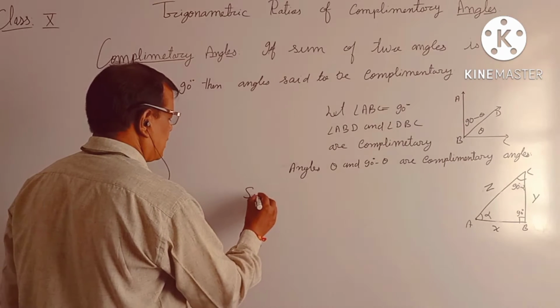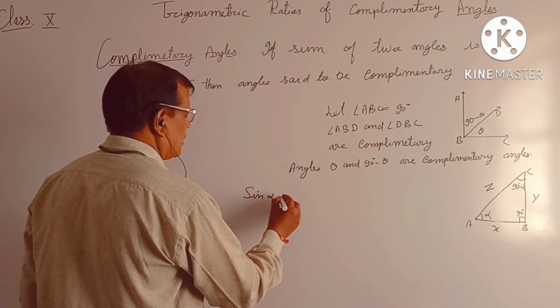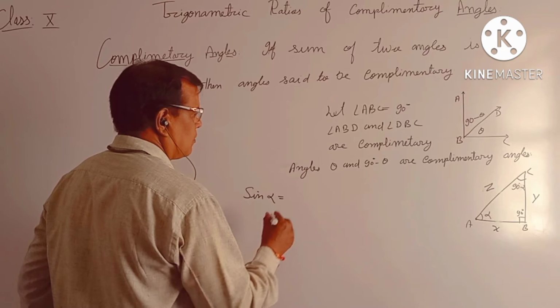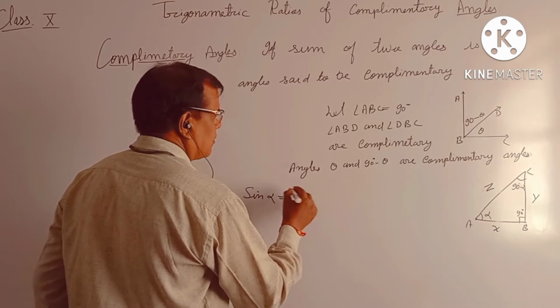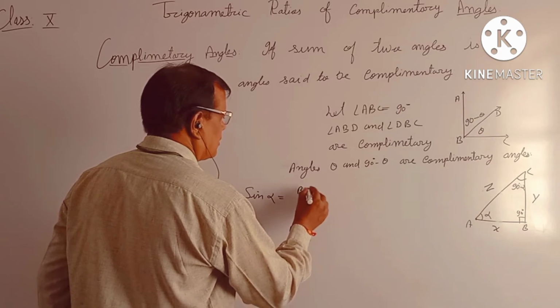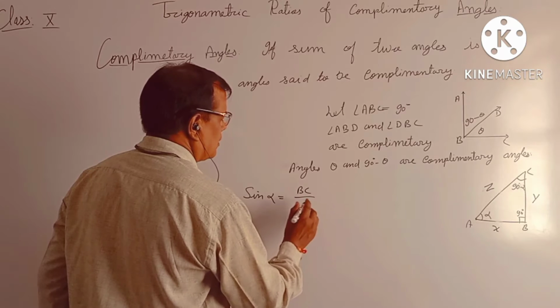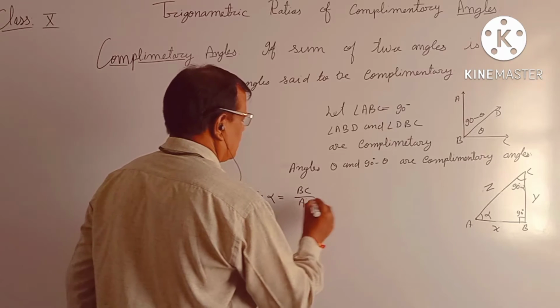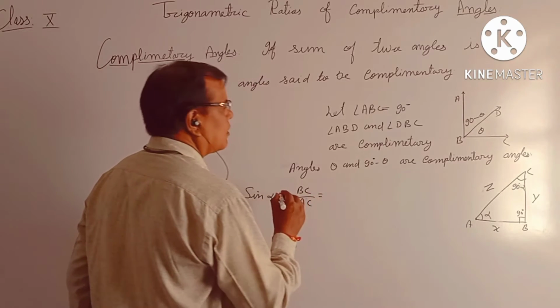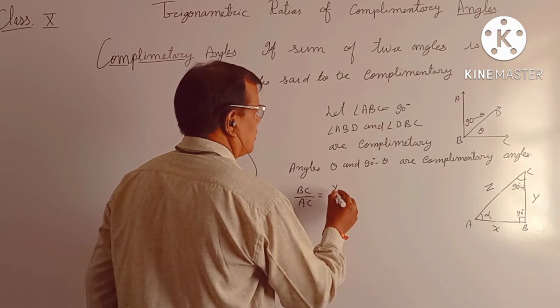So we will take sin alpha. Sin alpha is equal to BC upon AC, not AB. So it is y upon z.